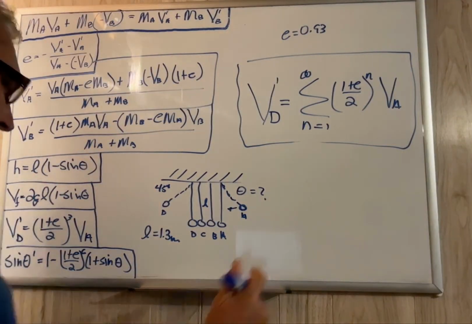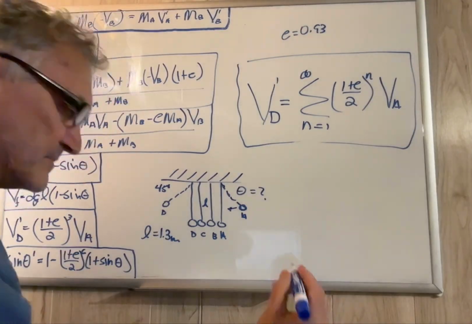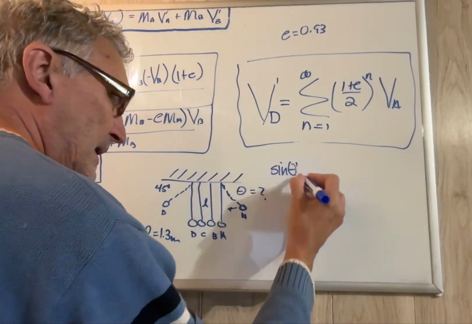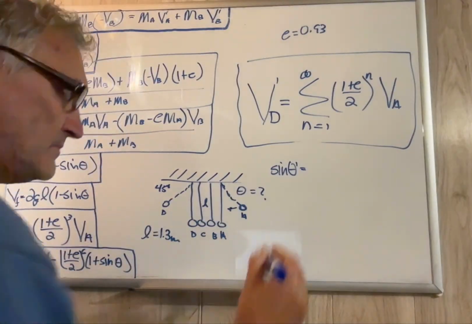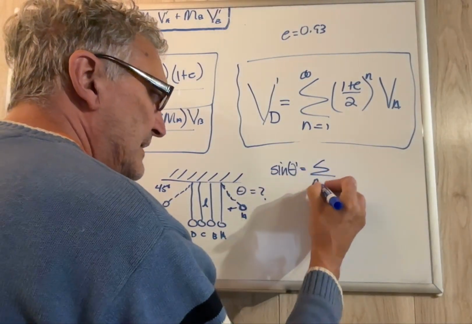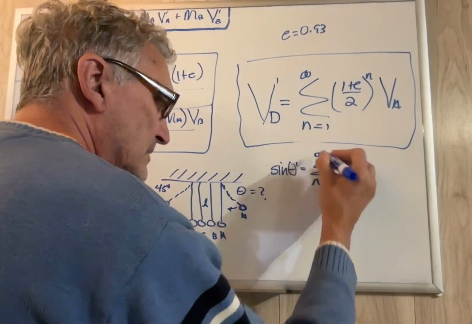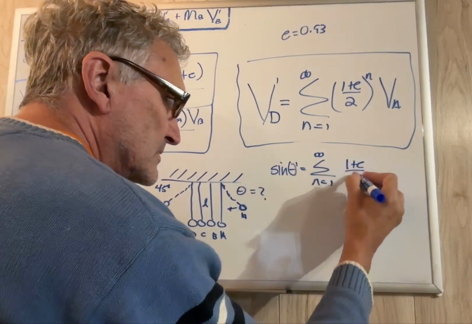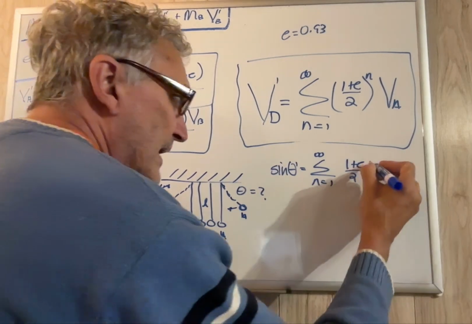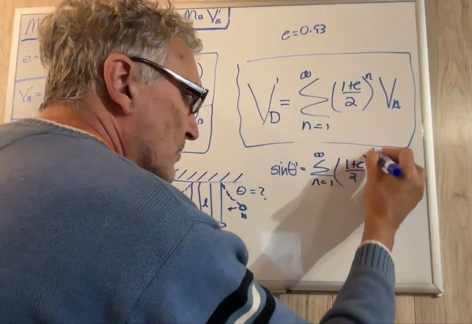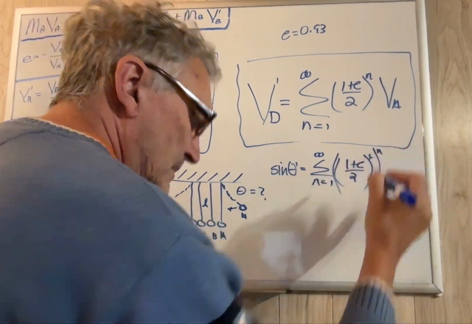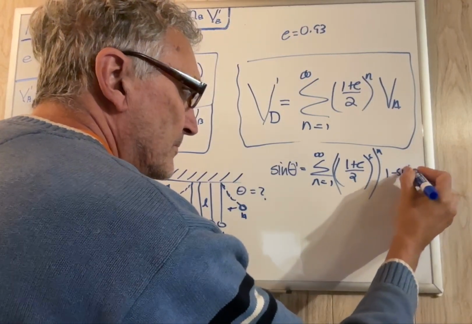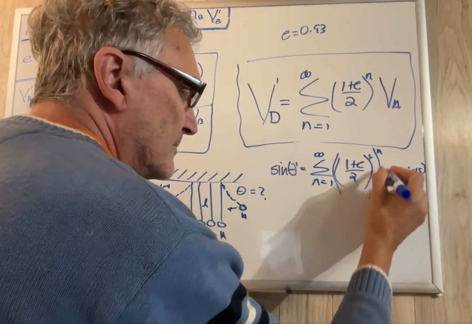The same thing can be said for this equation. This equation basically was going to come down to sine theta prime is going to be equal to, if we add it all up, n equals 1 to infinity, of (1 plus E divided by 2) raised to the 6th, raised to the n, times 1 minus sine 45.